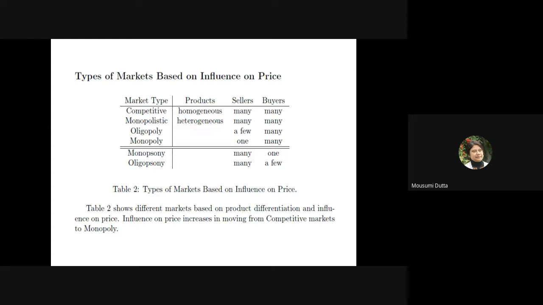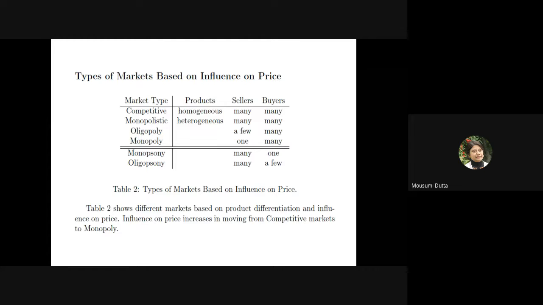So sometimes you may find that this differentiation is superficial, just the packaging, just the color. Sometimes you may find there is some difference in technology as well. So similar kind of product having a sort of differentiation.